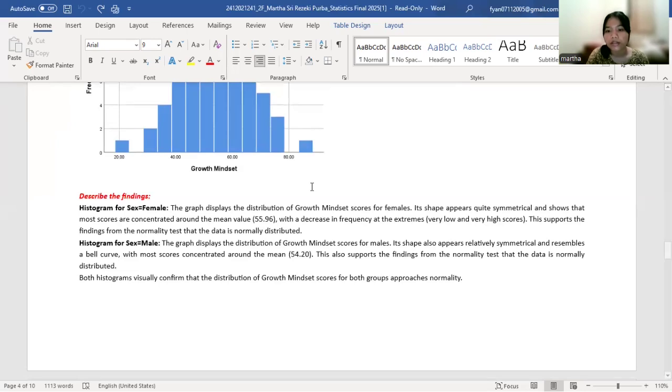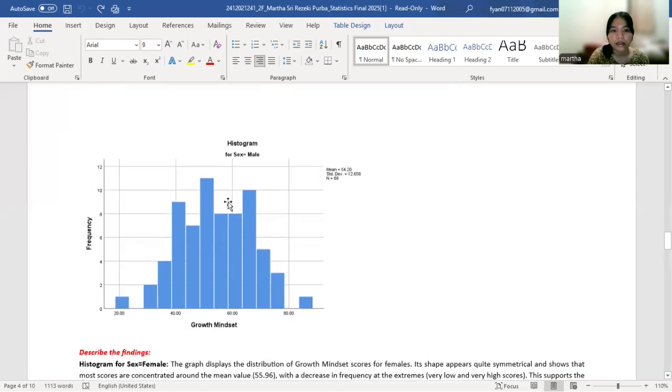Its shape appears relatively symmetrical and resembles a bell curve, with most scores concentrated around the mean 54.20. This also supports the findings from the normality test that the data is normally distributed. Both histograms visually confirm that the distribution of growth mindset scores for both groups approaches normality.